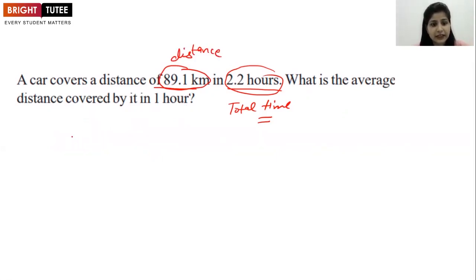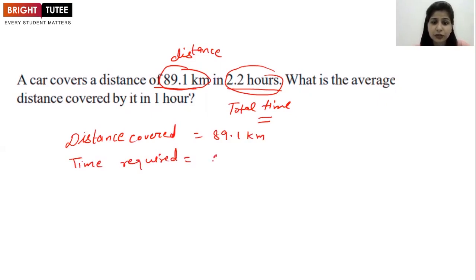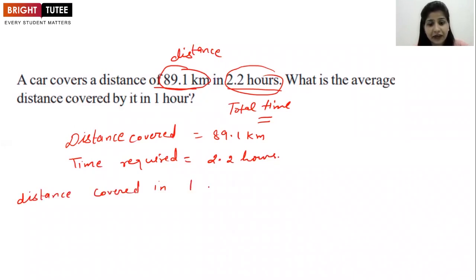So we will write the distance covered. How much is the distance covered? 89.1 kilometers. And the time required is how much? 2.2 hours. Now, the distance covered in 1 hour will be, we will divide this distance by the time 2.2.